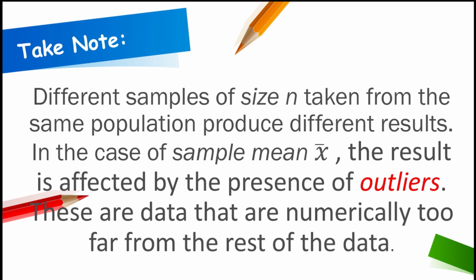Different samples of size n taken from the same population produce different results. In the case of sample mean, the result is affected by the presence of outliers. These are data that are numerically too far from the rest of the data.